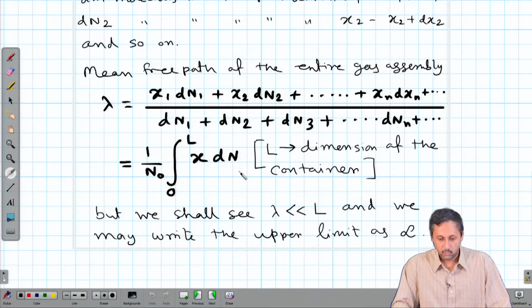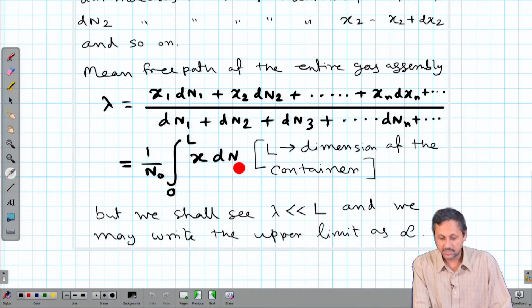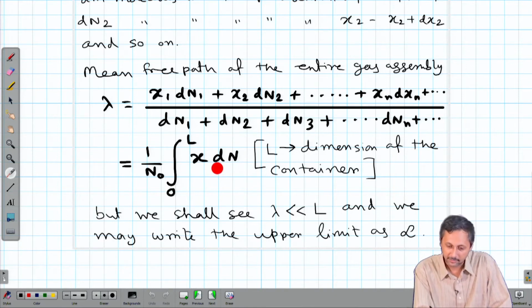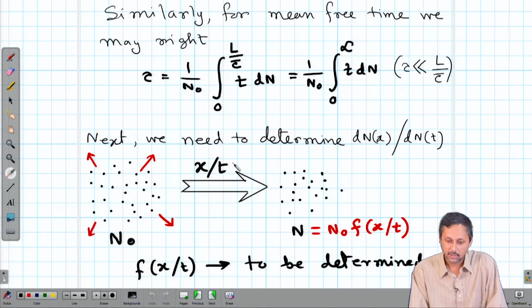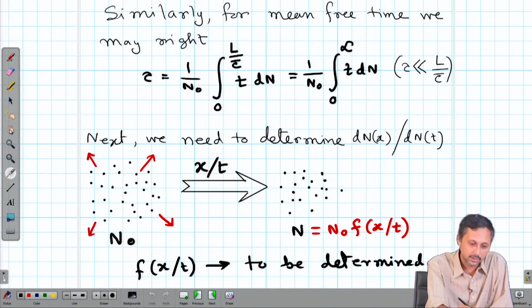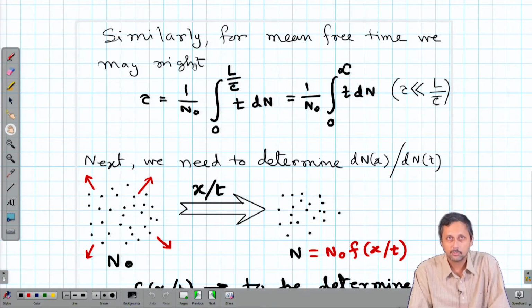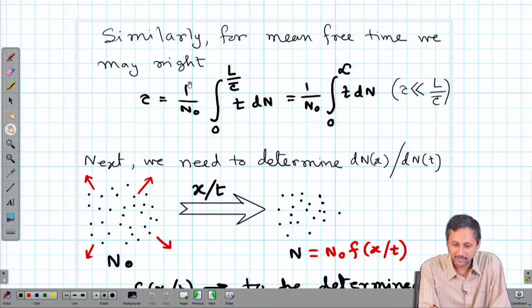Now, this is only theoretical up to this point. In order to compute this integration, we have to get an expression for dn in terms of x. So, how do we do that? Before we go there, similarly the mean free time can also be computed in a similar manner as tau is equal to 1 by n0.